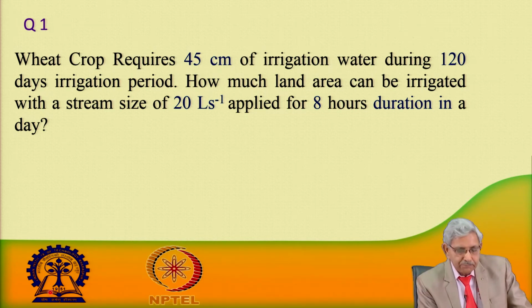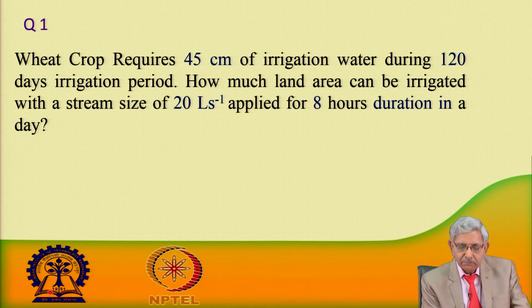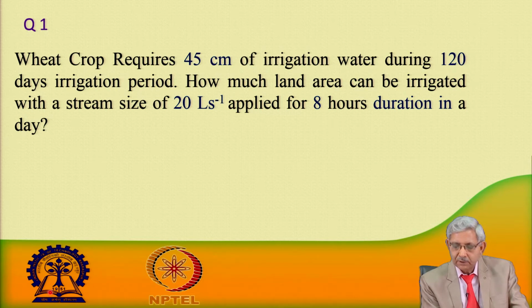A wheat crop requires 45 centimeter of irrigation water during a 120 days irrigation period. So, crop duration is given as 120 days and the water requirement of the crop is 45 centimeter.